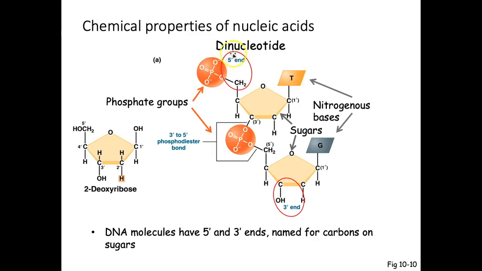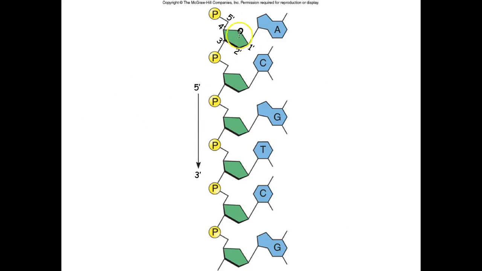Here's the 5 prime end, because right here is our 5 prime carbon, and here is our 3 prime carbon. Same thing here. So this is running 5 prime to 3 prime. That's what 5 prime to 3 prime means. It's named for the carbons on the pentose sugars. So, showing you that all together, this is the 5 prime to 3 prime strand.